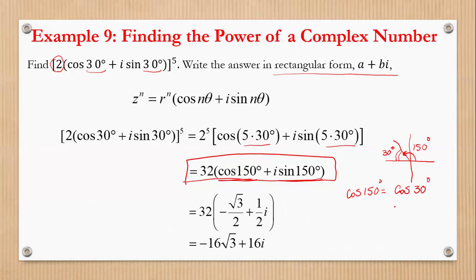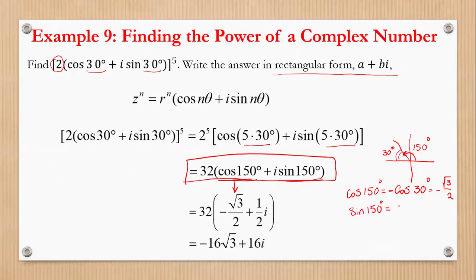But since 150 is in the second quadrant and the cosine is negative in the second quadrant, the answer should be negative. So the answer is negative root 3 over 2. So replace the cosine of 150 by negative root 3 over 2. The same for sine, because 30 degrees is the reference angle for 150.